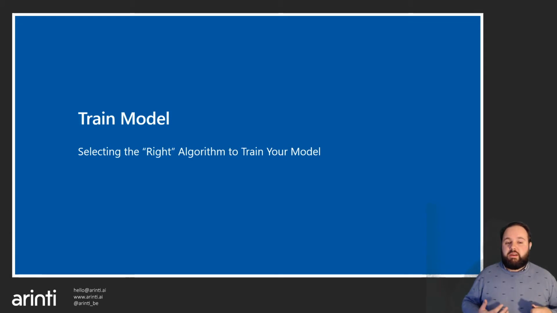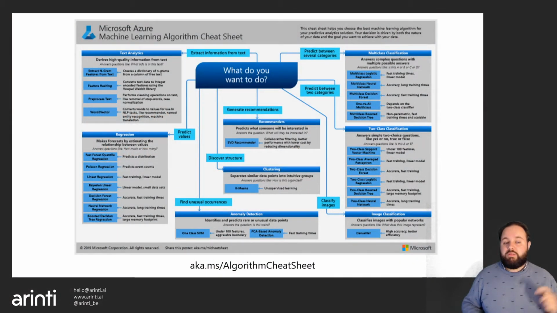So let's see together how you can start training your model, and most importantly, select the right algorithm for your data science problem. One of the hardest things when starting out with machine learning is, what algorithm do I need to use? Well, the answer to the question of which machine learning algorithm I should use is always, it depends.